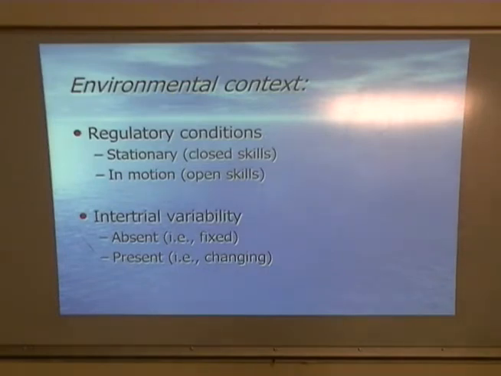So the only variability might be the background, depending on whether you've got an audience behind the net or not. So that would be a stationary skill with no variability, absent variability.